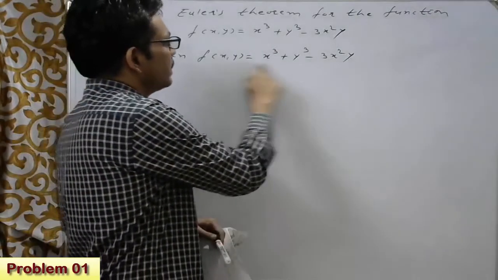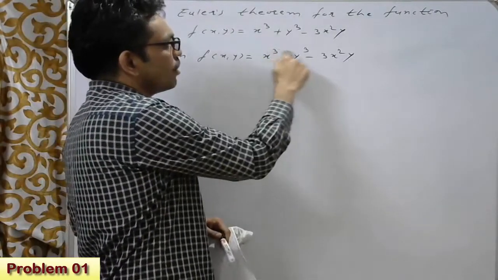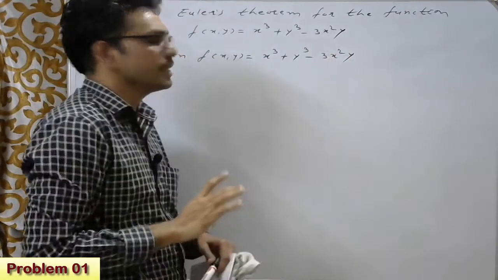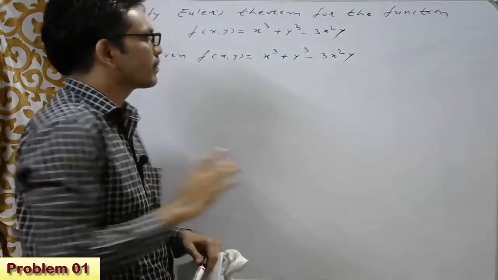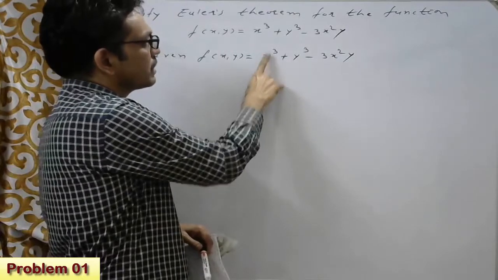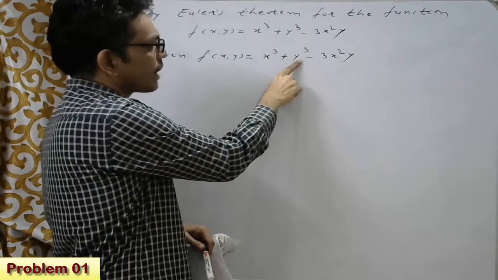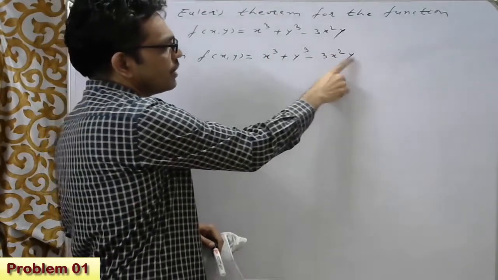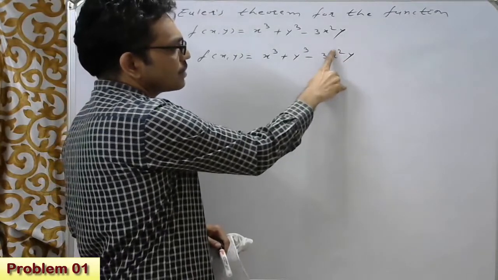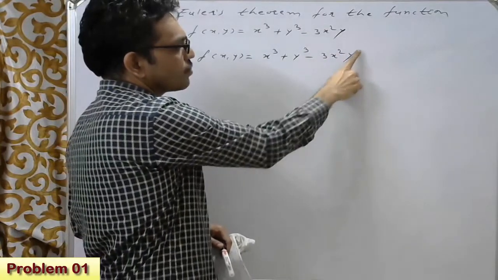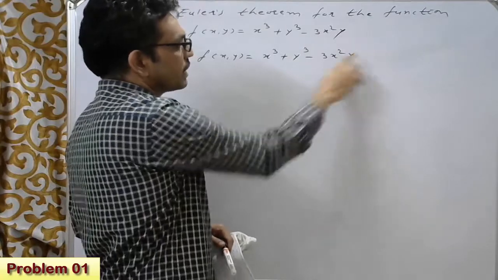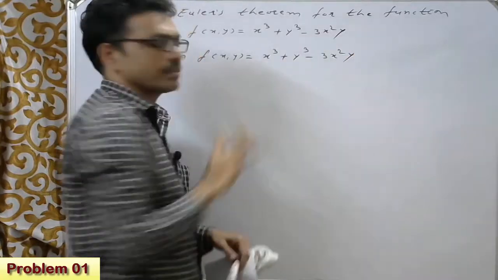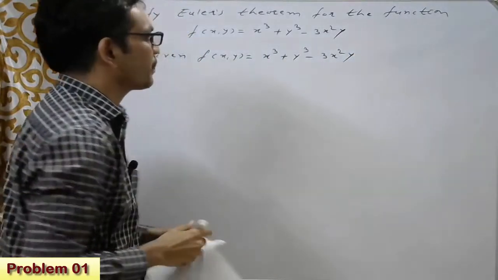Say, in this function, the degree of each term is the same, that is 3. Here the power of x is 3, the power of y is 3. Here in x^2 y, the power of x is 2, the power of y is 1. Therefore, 2 plus 1 is 3. That is, the degree of each term is the same, that is 3.